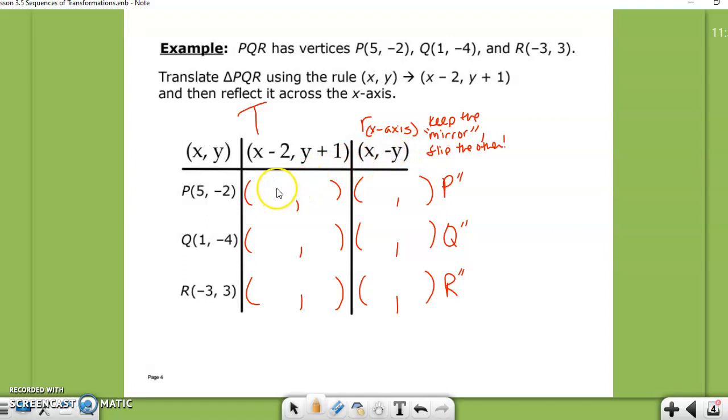So when I complete this, I subtract 2 from each of my x coordinates. I add 1 to each of my y coordinates. And then for the final reflection, I'm keeping my x, and I am going to flip the y.